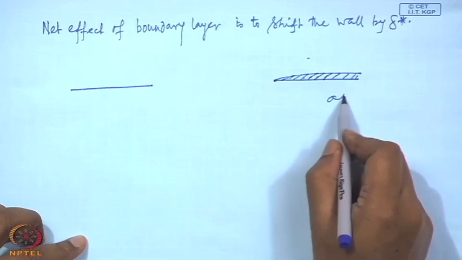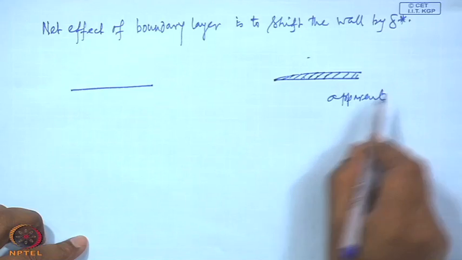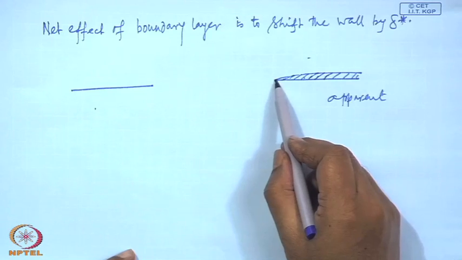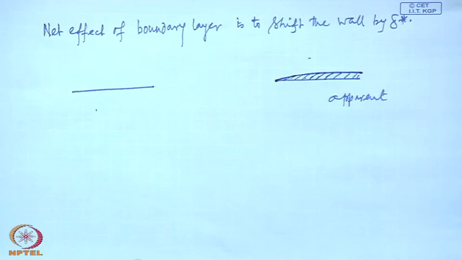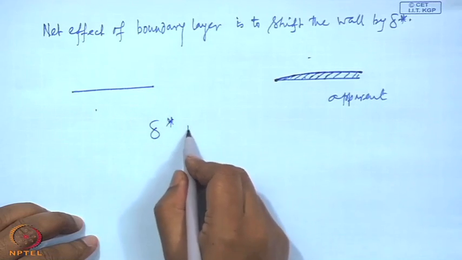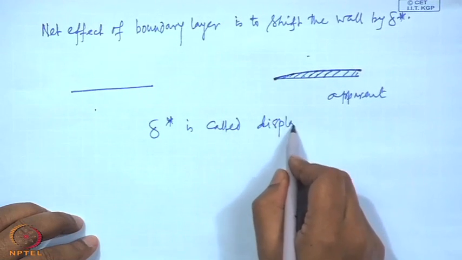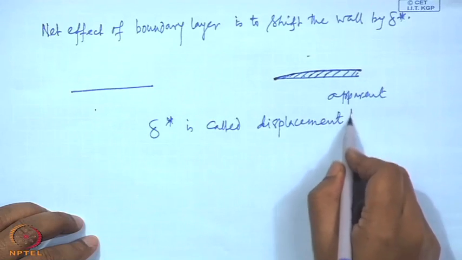So, this is the real plate and this is the apparent plate. Apparently, the plate has got a thickness. And of course, it has become slightly curved, because this delta star or delta is not constant throughout the plate length, it changes. This delta star is called displacement thickness.